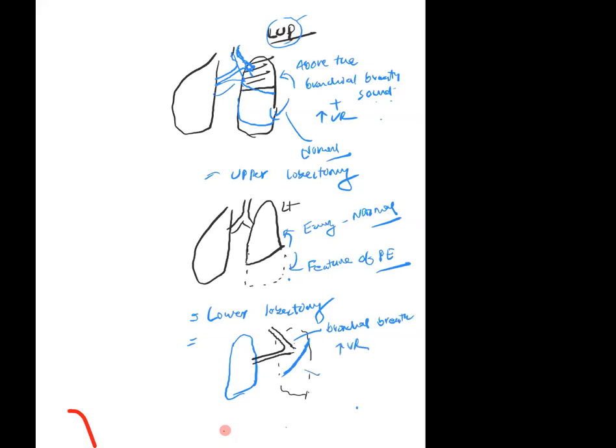And below the scar, you will find features of pleural effusion. That means both chest expansibility and movements are reduced, plus absent breath sound and vocal resonance, and a dull percussion note. So this is the case of pneumonectomy.